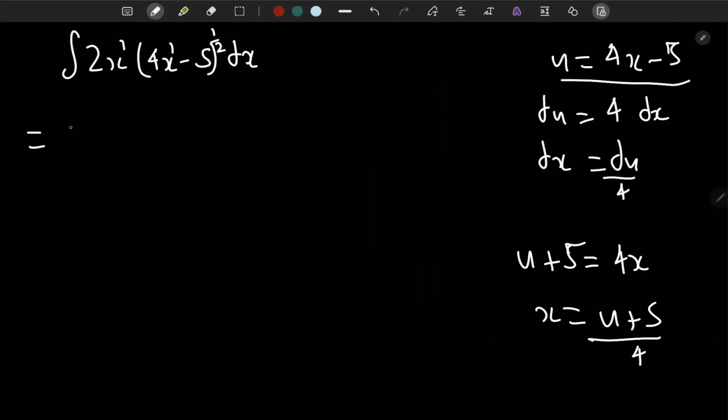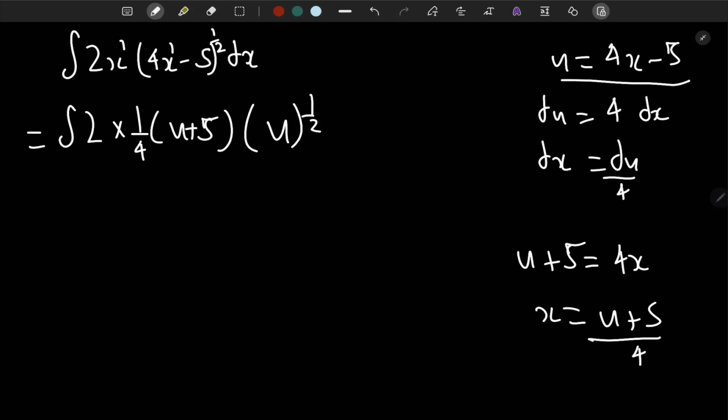So it is going to be integral of 2, and now we replace x with u plus 5 over 4, and we can take the 1 over 4 outside to make it simpler. 1 over 4 into u plus 5, close brackets, and then open brackets again. 4x minus 5 is also u to the power of half, and dx, as mentioned over here, is du over 4.